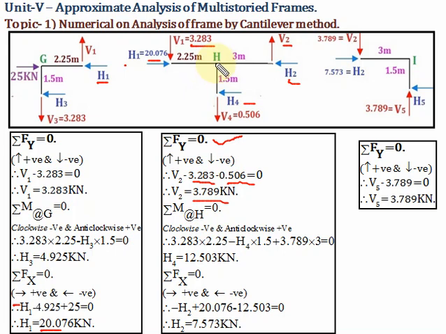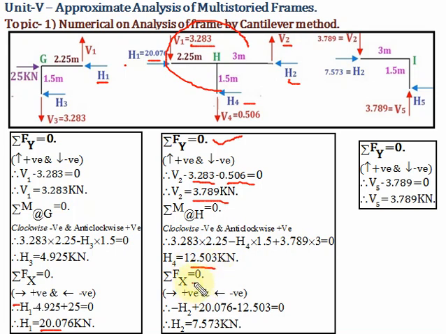Now taking the moment at point H: 3.283 clockwise, plus, into 2.25, then H4 acting in clockwise direction, so minus, into 1.5, then V2 acting in anti-clockwise direction, 3.789 into 3. So we'll get the value of H4.